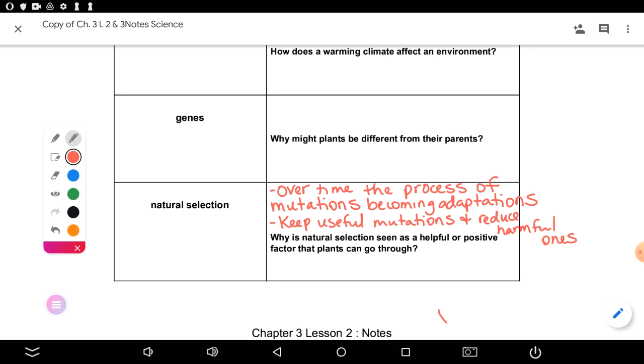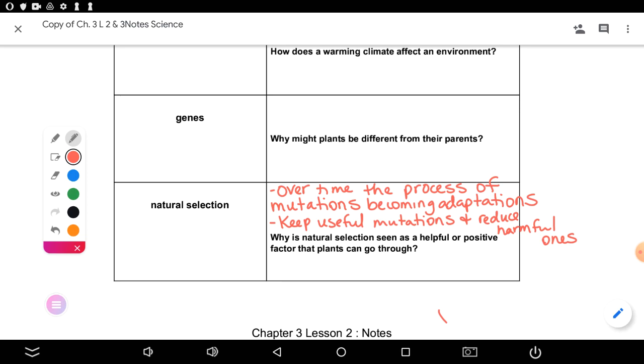Why is natural selection seen as a helpful or positive factor? Why do you think it's considered positive? What has to happen? What did we say the purpose of adaptations is?